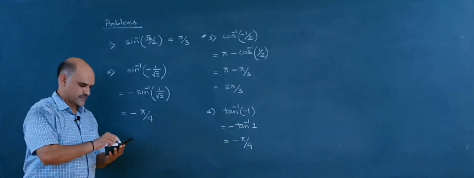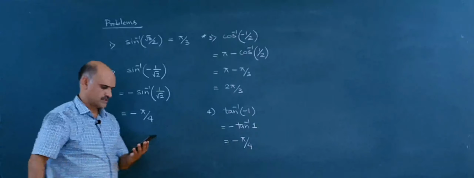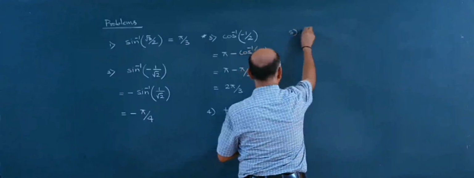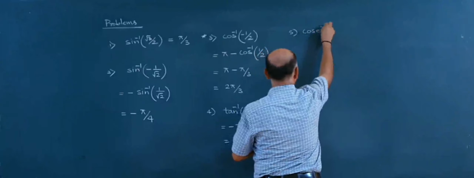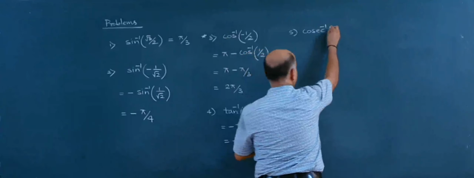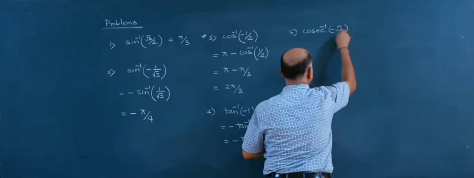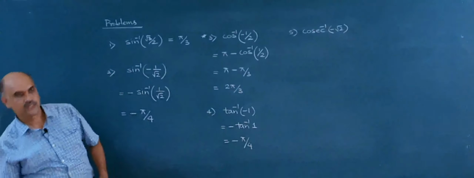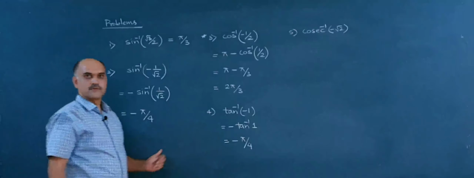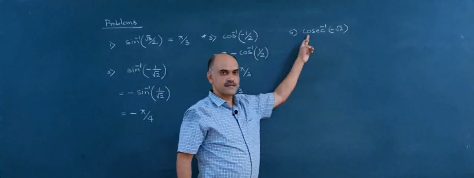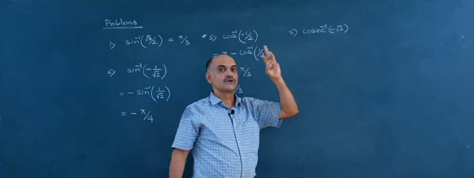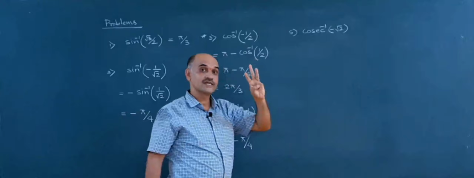So next one, suppose fifth one, cosec inverse minus root 2. Now here cosec inverse is there. In the second set of three formulas I have told, cosec is the reciprocal of sine.